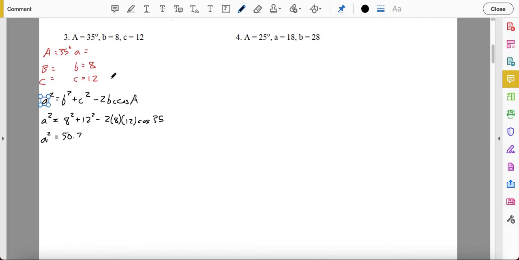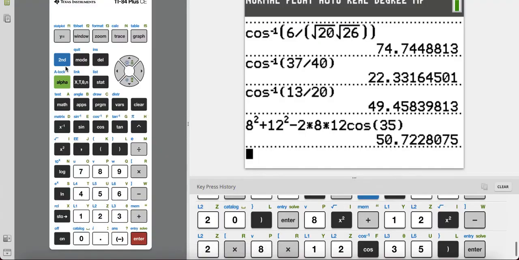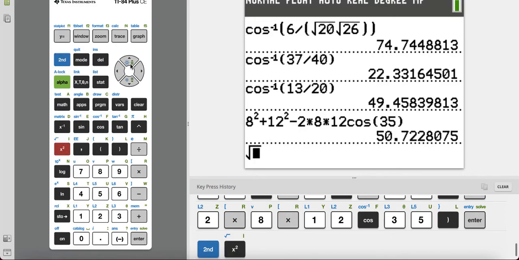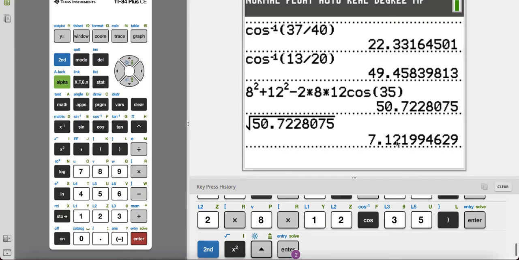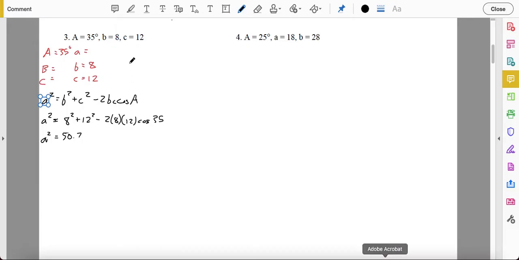But we don't want to round that, because when we take the square root of something rounded, it could throw off our solution a bit. So we take the square root of this entire answer for accuracy, and we get a equals 7.12. If we round to the nearest tenth, we get 7.1.